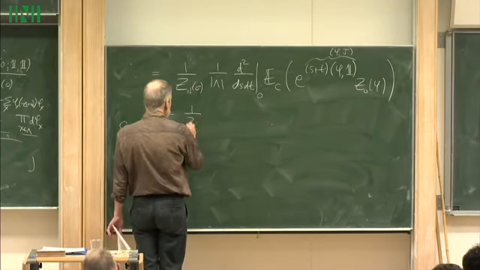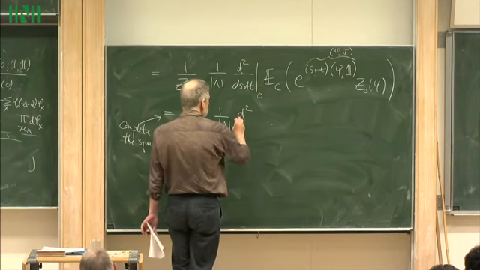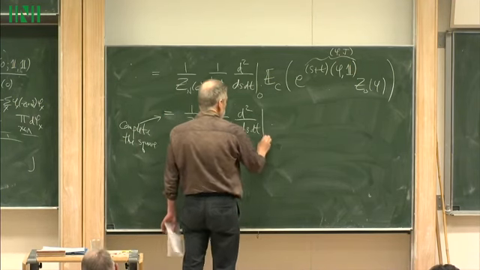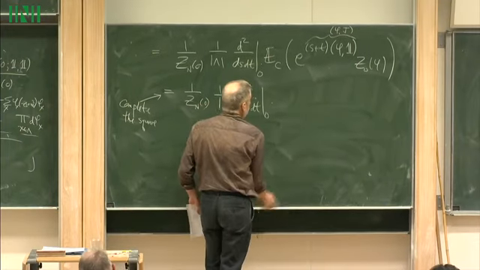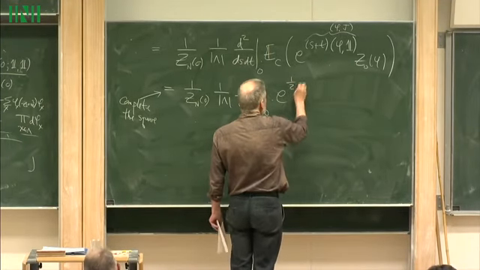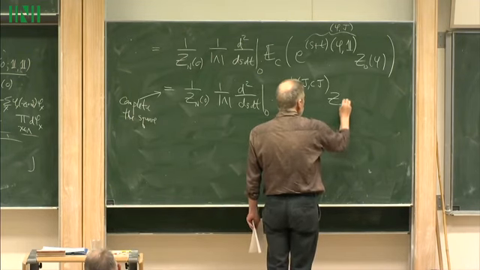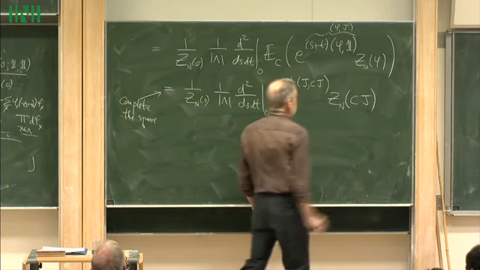Then, it's an easy exercise to find that what results is a term e to the 1/2 j Cj times Zn of Cj.